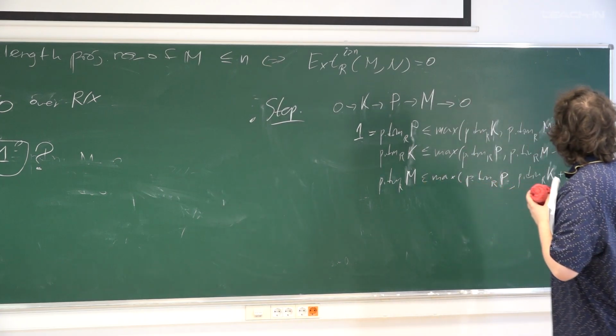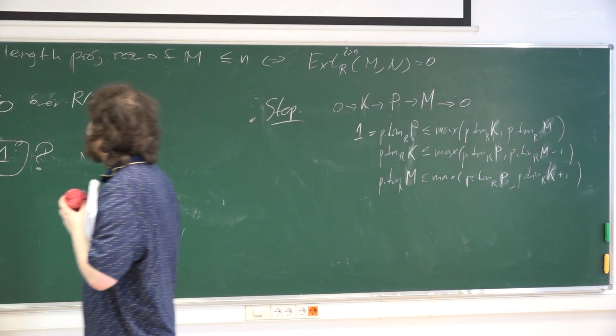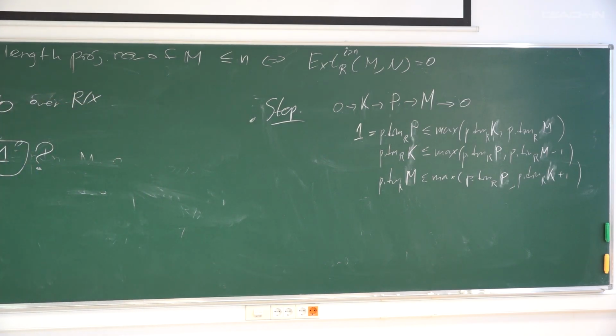So we already see that the projective dimensions of M and K, of course, are not 0, since they are not projective.